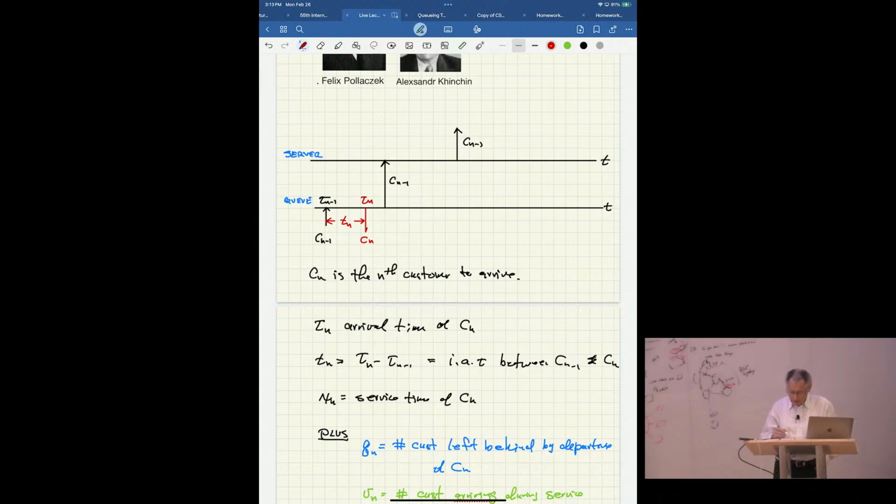Now, Cn arrives. Let me put a little arrow on him. When does Cn go into service? When Cn minus 1 leaves, which is, I've shown you up here. So at this point in time, our red customer Cn goes into service.